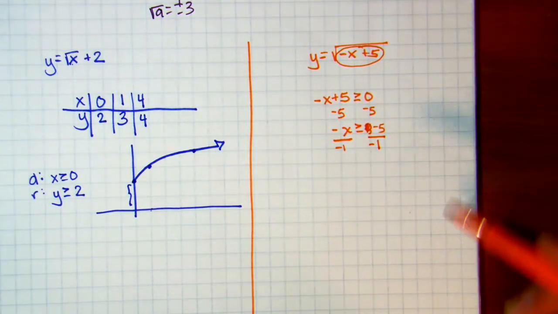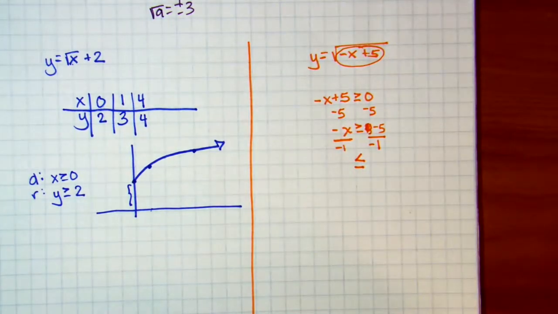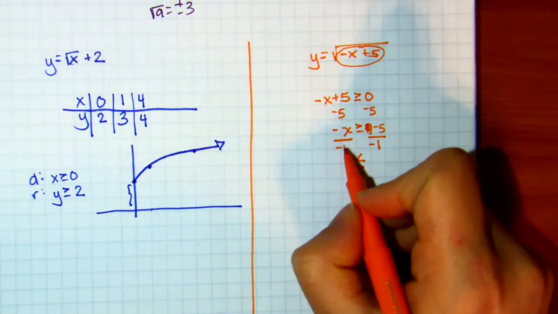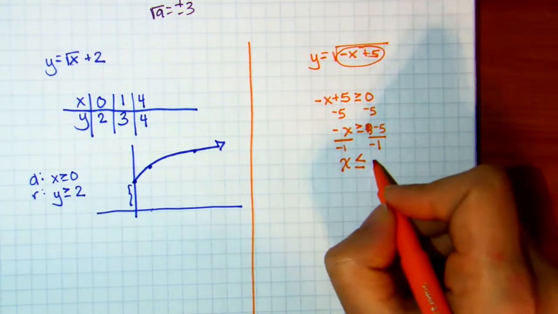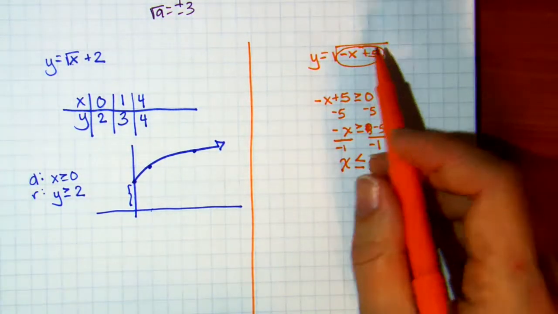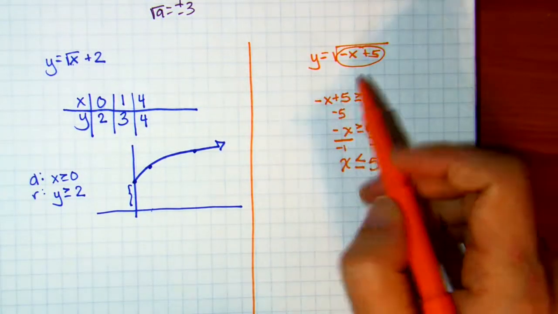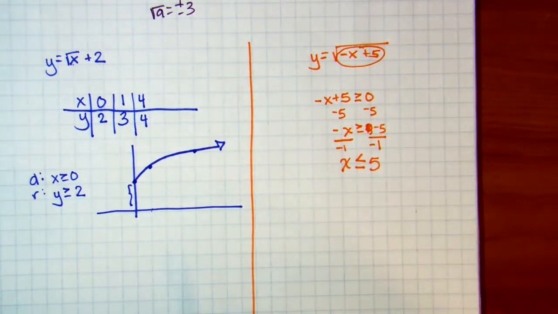Remember, when you divide by a negative in an inequality, that flips your inequality over. So negative x divided by negative 1 is just x. Negative 5 divided by negative 1 is positive 5. So by solving this inequality, I found that my domain has been changed to x is less than or equal to 5.